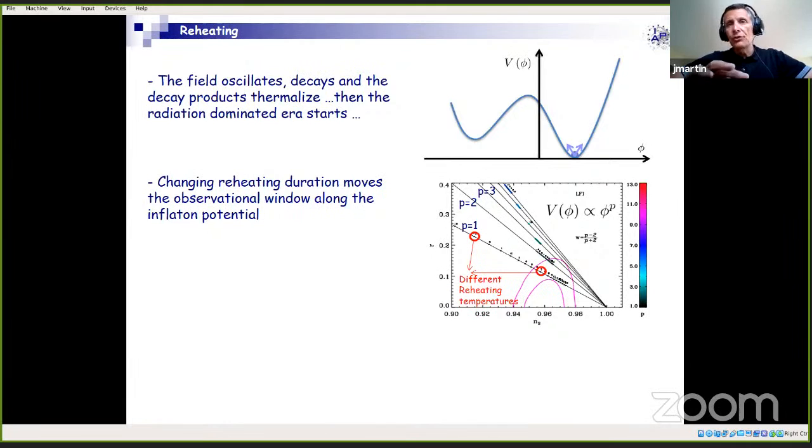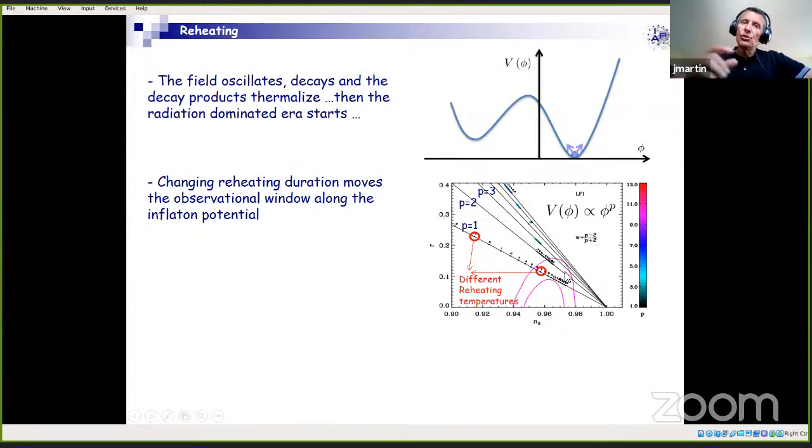And I have just illustrated what I mean exactly on this plot. So this is a plot of the tensor to scalar ratio versus the spectral index for large field models. So the potential is just some power law with an index P. For a given index P, for instance, P equal to 1 or P equal to 2, m squared phi squared, all the thorough predictions are along a straight line.